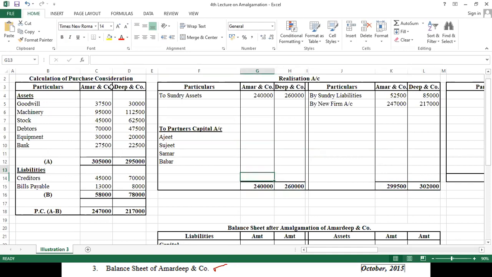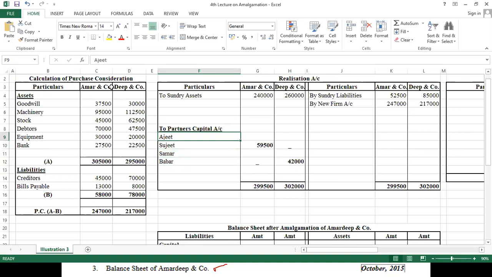So straight away here it will be 59,500. This side will be dash. Here it will be how much? 42,000. Yes, sir. 42,000.